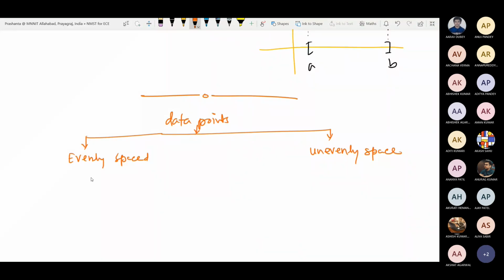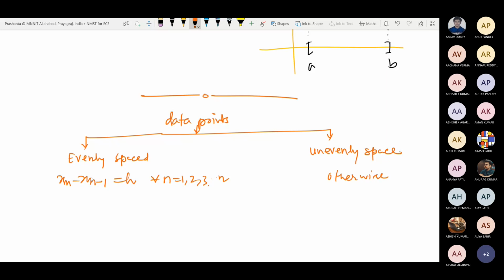We are not considering y values or the output values, only input values. So if xn minus xn minus 1 equals h, which is fixed for all n equals 1, 2, 3 up to n. Okay, so if the nodes are at a regular interval, then the data points are evenly spaced, and this is otherwise.